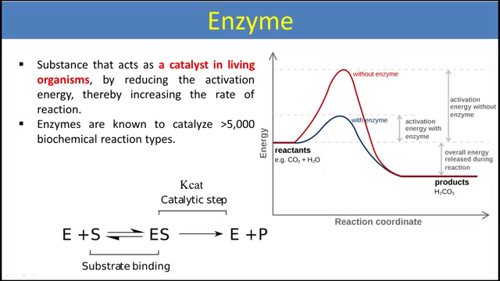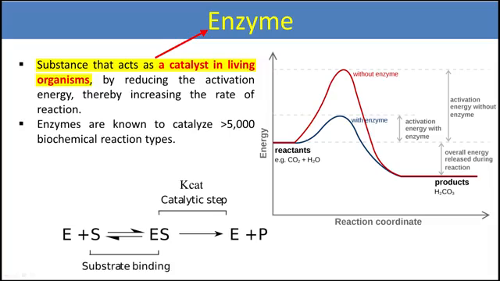So what is enzyme? Enzyme is a substance that can act as a catalyst, in particular a catalyst in living organisms. That is called enzyme. What's the main action of enzyme in a biochemical reaction?